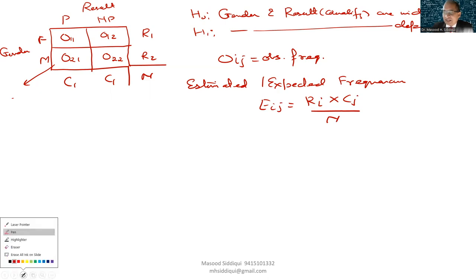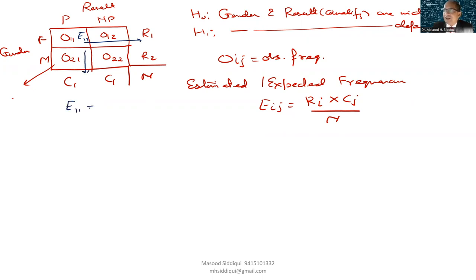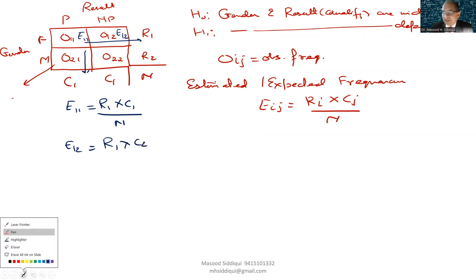Here I am demonstrating that. This would be E11. For E11, what is the row sum? R1. And what is the column sum? That is C1. So for E11, we will have R1 times C1 divided by N. In the same way, this value is E12. For E12, the row sum remains the same, and the column sum would be C2. Sorry, I have written C1 here, so this would be C2.